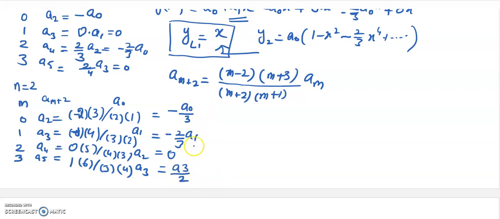Okay, and then this is in terms of a0, this is in terms of a1, this was 0, and then this is in terms of a3, which was a1, so it is 2 divided by 3, so it will be minus a1 by 3 in this case.